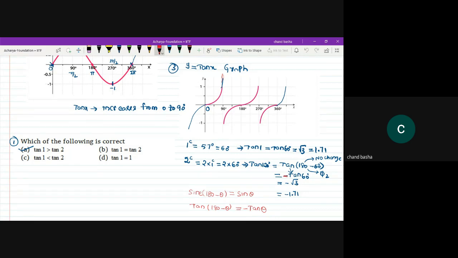And whenever you are using 180 multiples, 180, 360, there is no change. If you are using 180 or 360, either plus or minus theta, you will get the same trigonometric ratio, no change. If you are using 90 or 270, your trigonometric ratio changes.